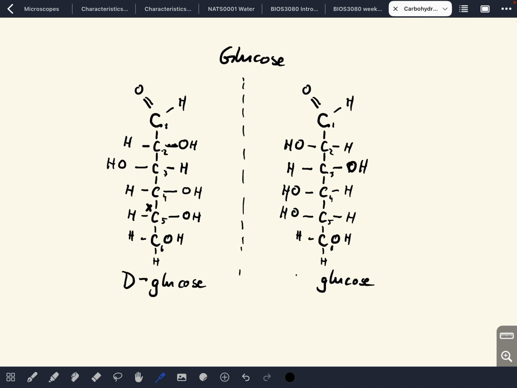Whereas in this case here, we still have carbon 5 as the last chiral carbon, and the OH group is pointing towards the left here, and therefore we've got the L-glucose form. Both glucose forms have the same physical properties. They are, for example, sweet, they've got the same solubility and things like that.